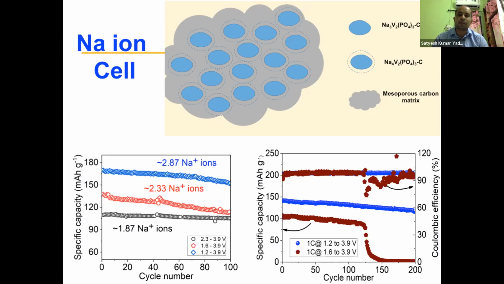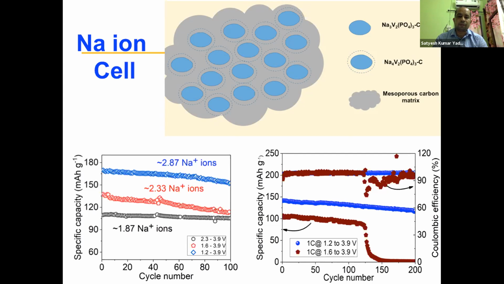That as you increase the cycling window and you insert more sodium ions, that is going from 1.87 to 2.33, your capacity would fade. That is a well-established thing in metal ion batteries, both lithium and sodium.